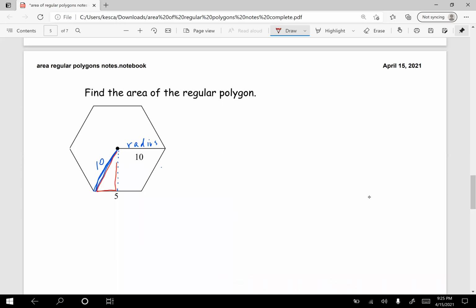We're always going to give you two pieces, like two sides of it, so that you can do the Pythagorean theorem, but you can always use trig or special right triangles, if it's a special right triangle, to find the missing side. Now, there's something special about this right triangle.